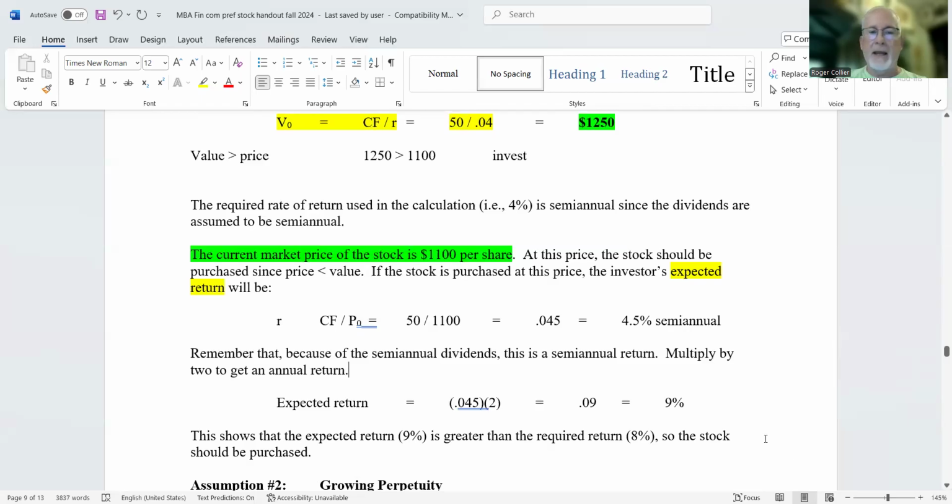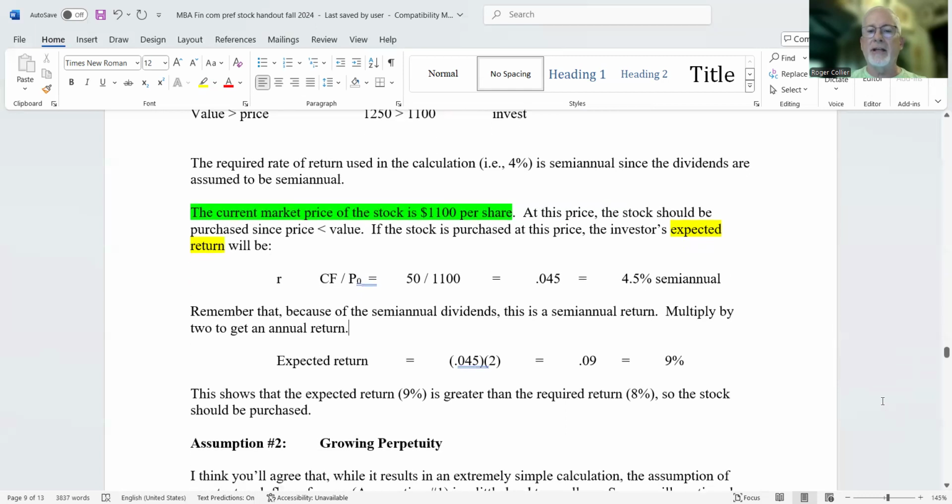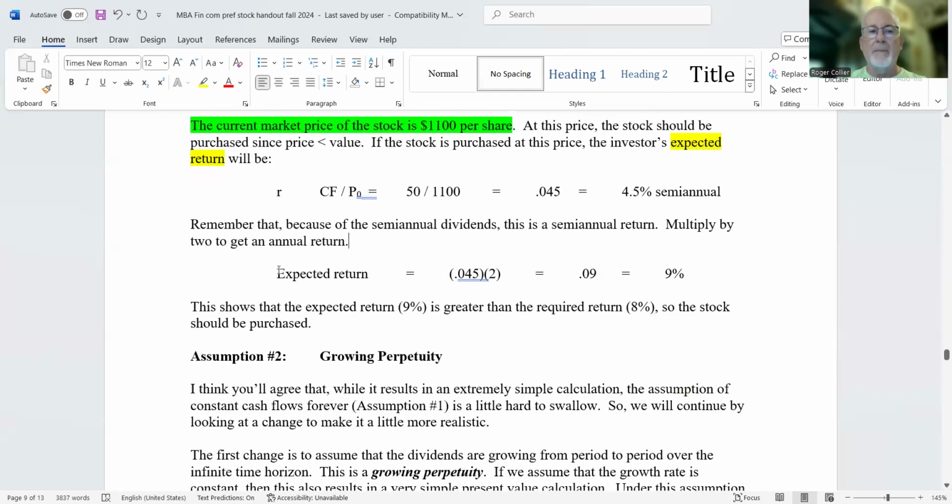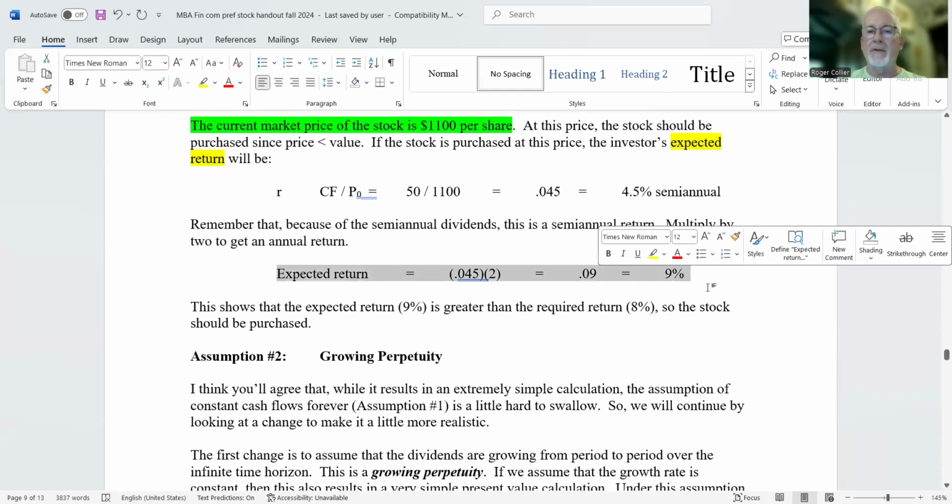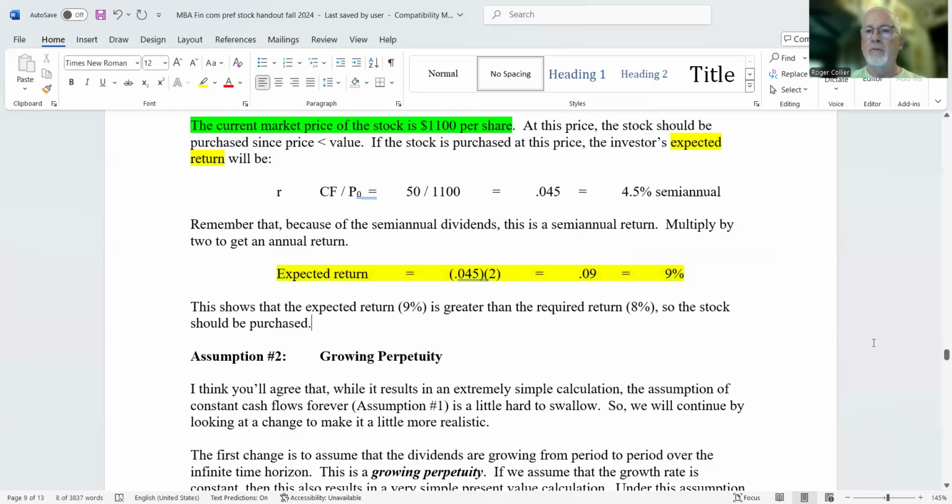I don't want semi-annual. That doesn't mean anything. Let's turn it into an annual return by multiplying by 2. Right? Semi-annual multiply by 2. Quarterly multiply by 4. Monthly multiply by 12, and so on.